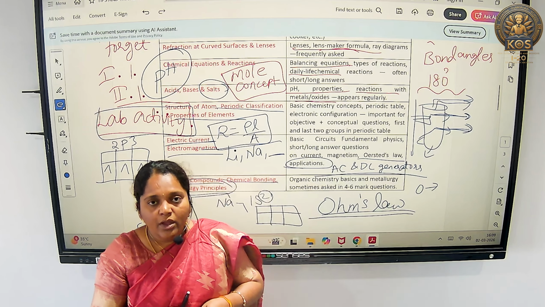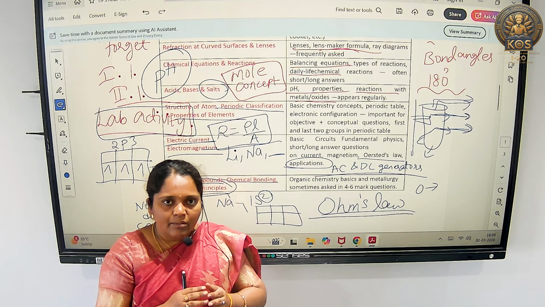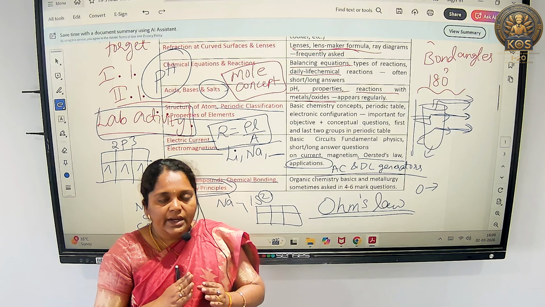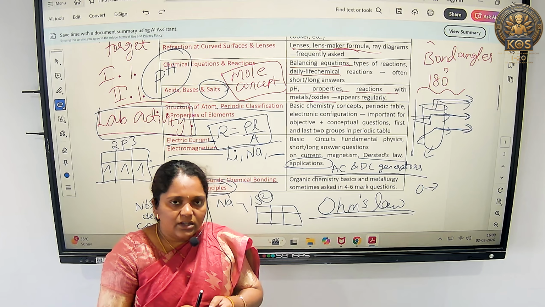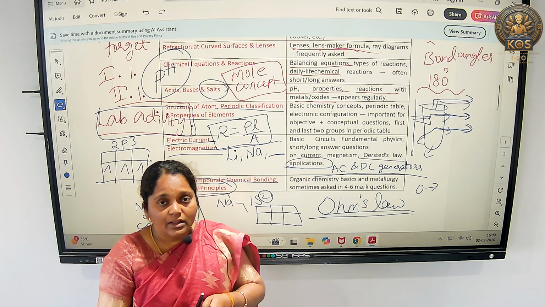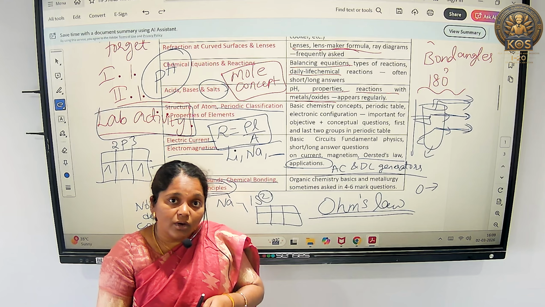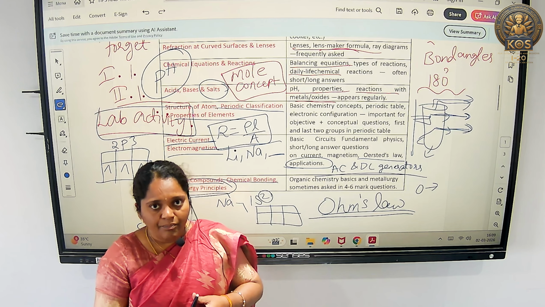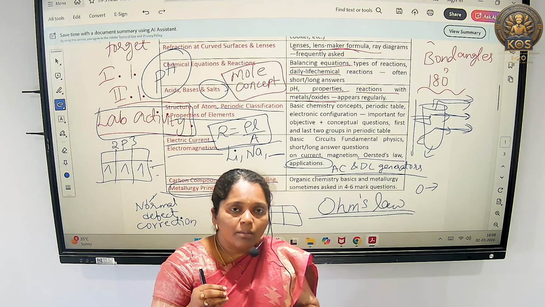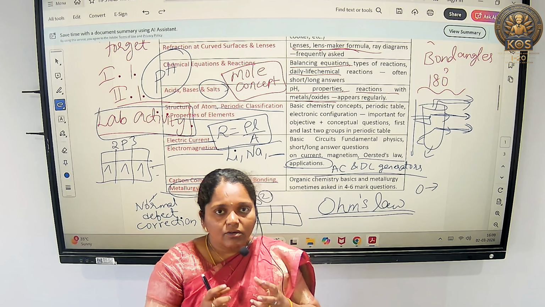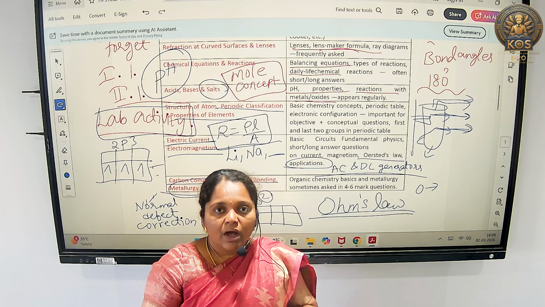Every stage, and every metal used in it, is very important, along with the flux and the definitions and drawings regarding that. The electrolytic refining drawing has been asked once, and they asked how copper is purified in that electrolytic refining. Not only that, we have furnaces too, and how a furnace works.